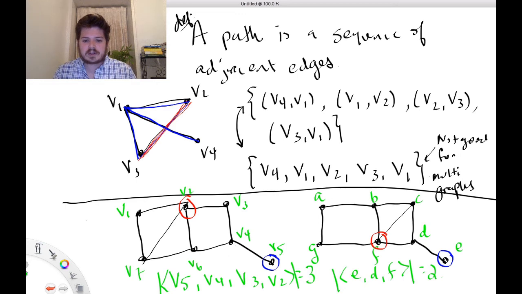So in this first path here, there are 4 vertices, but it's really 3 edges between them. So in short, we can easily see that these two graphs are not isomorphic because even though they have the same degree sequence, they do not preserve path length.